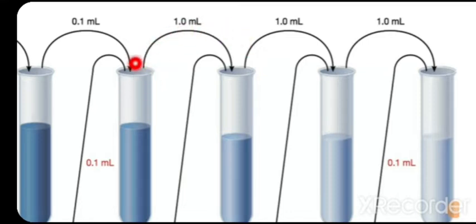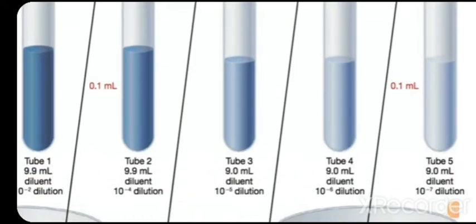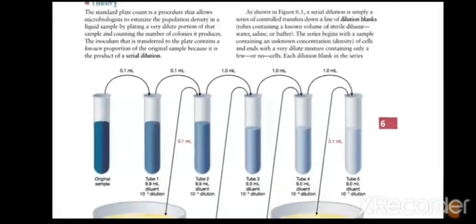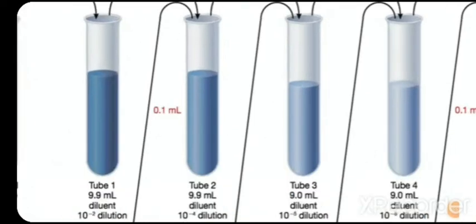Here 1 ml is transferred to a tube containing 9 ml of saline. That means the dilution factor is 10. So 10 raised to minus 4 diluted 10 times will become 10 raised to minus 5. Accordingly, dilutions can be prepared serially.